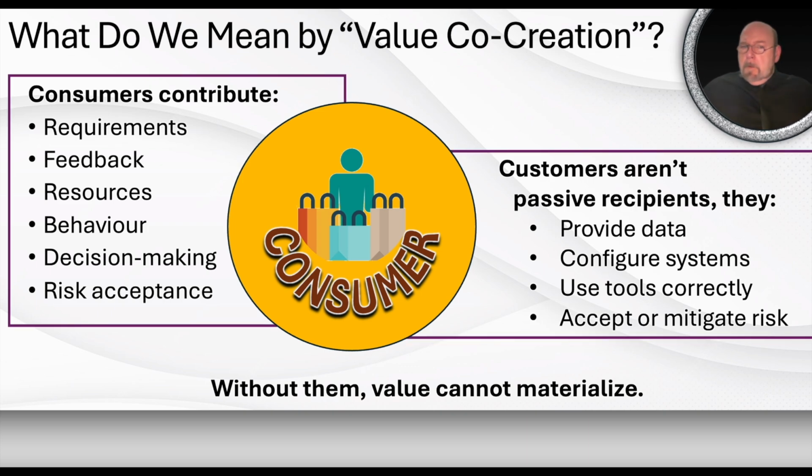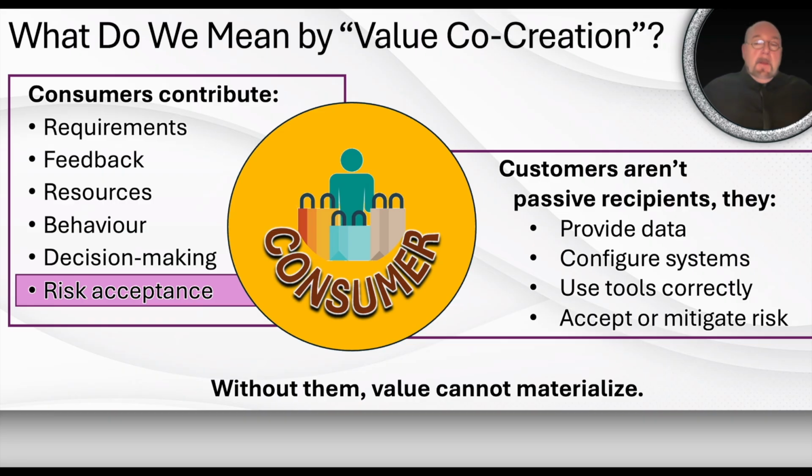Consumers have a role. They provide us with clear requirements. They provide us with feedback. Some of their resources will be necessary. Some change in their behavior is quite possibly necessary. They have to make decisions, and they have to make good decisions, and they have to make quick decisions.